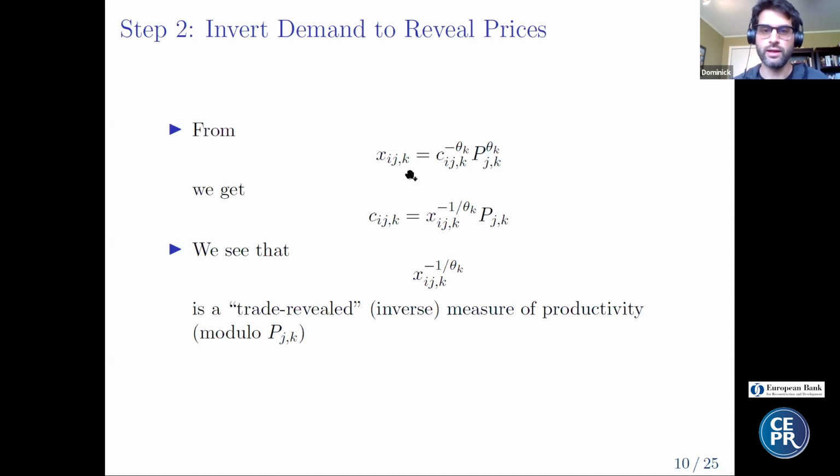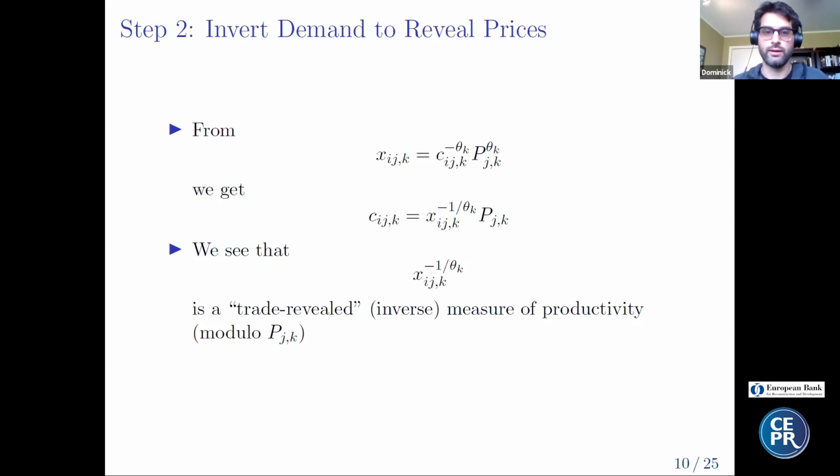And now we see that this expression for the trade shares with the thetas can be inverted to get an expression for the cost function. And in this sense, if you ignore the price index, we see that this term, the trade share to the -1/theta, is in some sense a trade-revealed inverse measure of productivity.